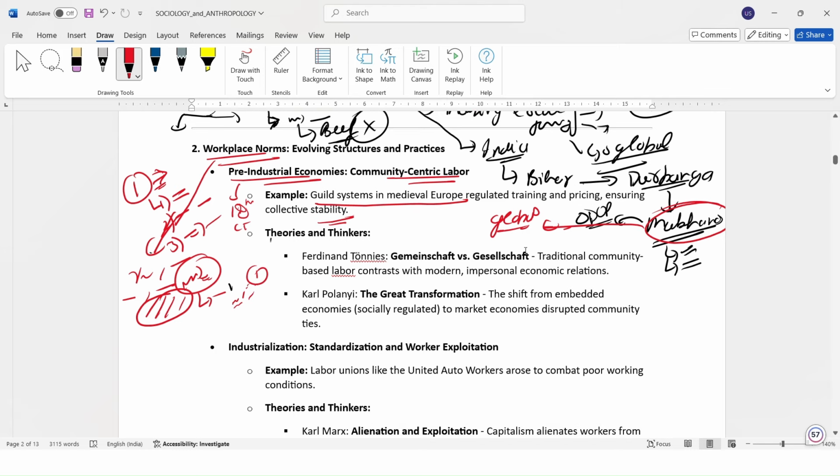There are certain theories and thinkers, for example, contrasting this traditional community-based labor with modern impersonal economic relations. And the great transformation, the shift from embedded, socially regulated economies to market economies, disrupted community ties. So this was what happened once your pre-industrial economy moved towards industrialization.